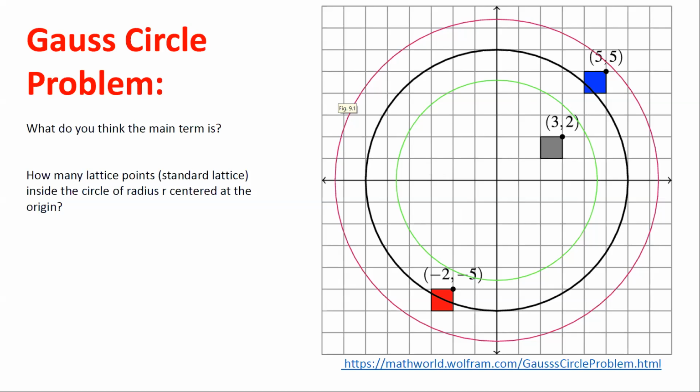So do we agree that the main term is going to be of size pi r squared, and the error term is going to be of size r? Do we agree that the main term is pi r squared and the error is at most of order r?